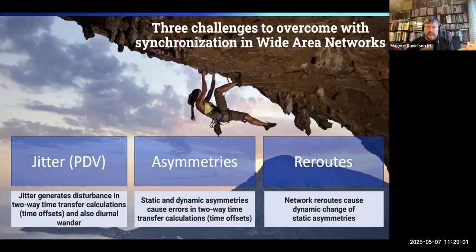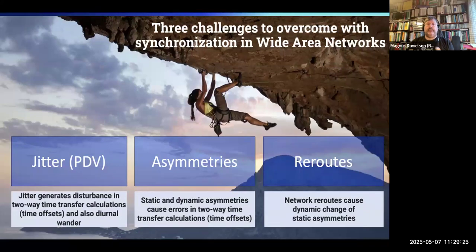If we manage to reduce the jitter, that reduces. But then the third part comes in, which is also a dynamic property: reroutes. If we reroute one of the directions, we will have a different delay. We will have a different asymmetry.